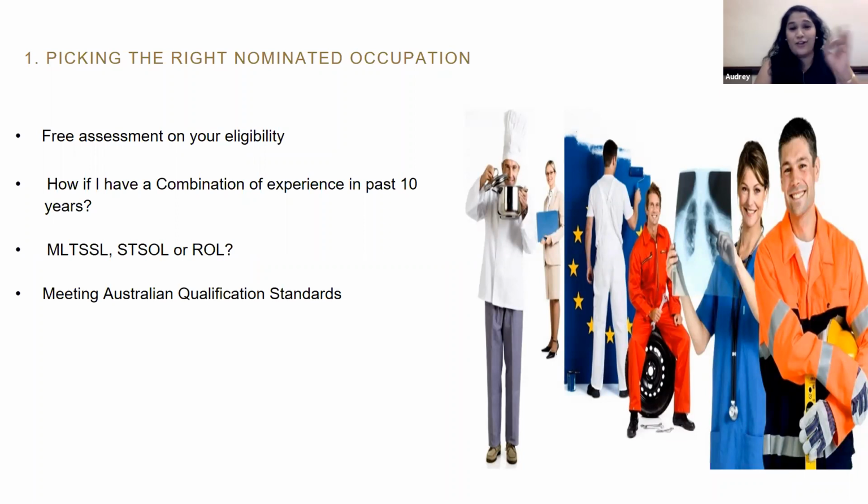Next, as you know, there are 3 categories of occupation list. MLTSSL, which is the long-term list, SCSOL, which is the short-term list, and the regional occupation list. 3 occupation lists. Does it really matter which occupation you pick as your nominated occupation? We will decide for you, because everyone is very in favor of choosing something on MLTSSL.